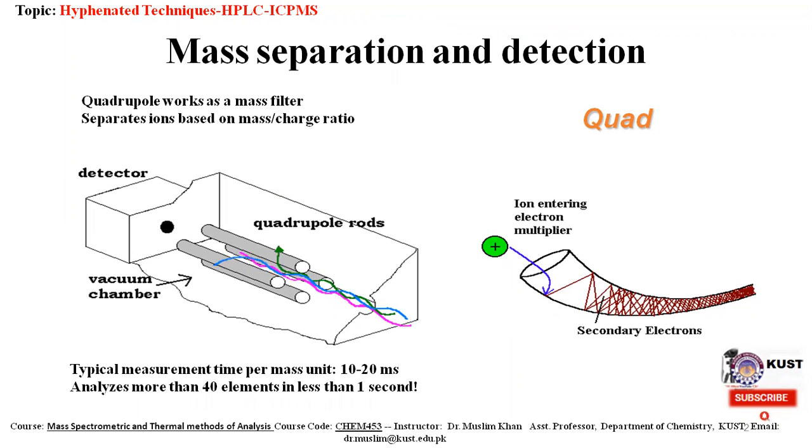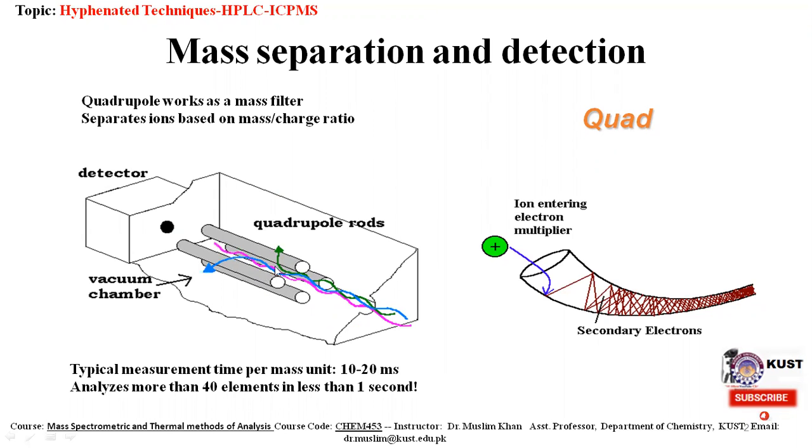This quadrupole mass analyzer separates ions based on a mass to charge ratio. When these different ions are subjected into the quadrupole mass analyzer, having four rods connected to AC and DC voltage, the voltage changes periodically.